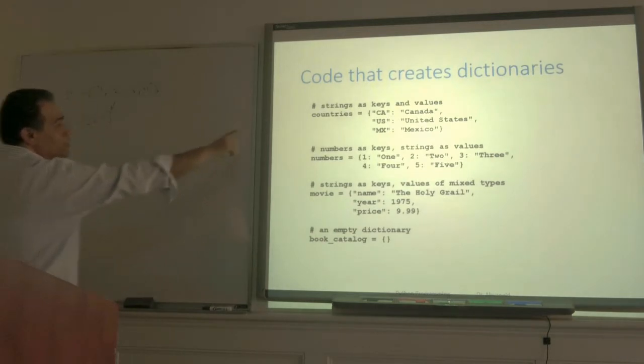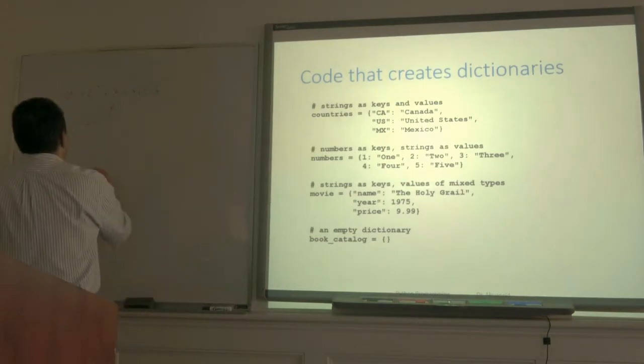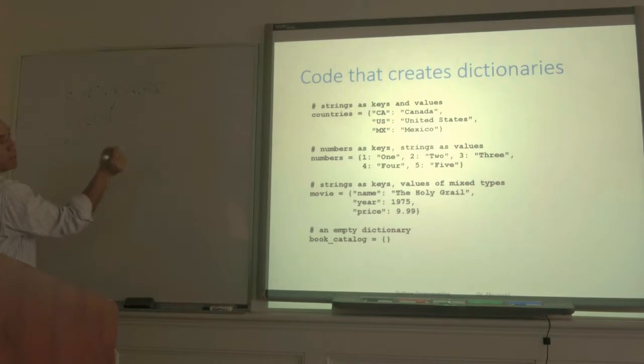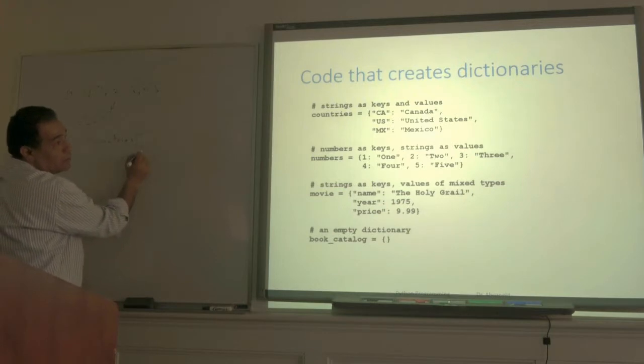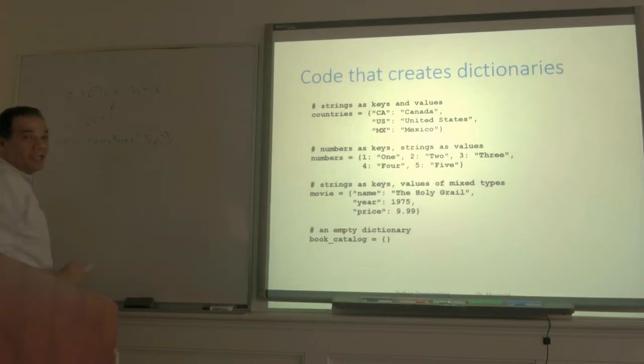If I need to access the first, X equals countries of CA. So what I use is always square brackets.